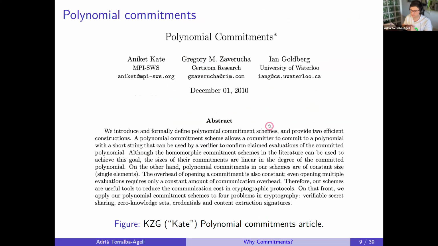Well, joking aside, this is a couple of examples about why KZG is interesting, and this is the article of KZG. It is named polynomial commitments, but it is called Kate or KZG in honor of the first author, that is Kate. So I will refer to this as polynomial commitment or Kate commitment or KZG. This is the same, okay?